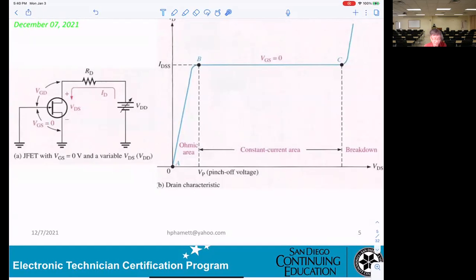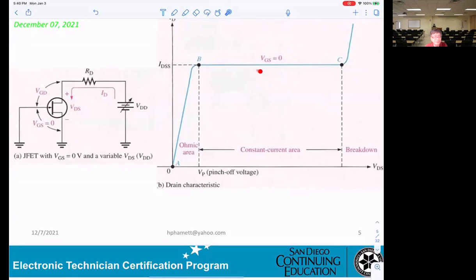Okay, I can tell you, IDSS is the constant maximum current when VGS equals 0. Or they can say VGS is shorted, which means 0.